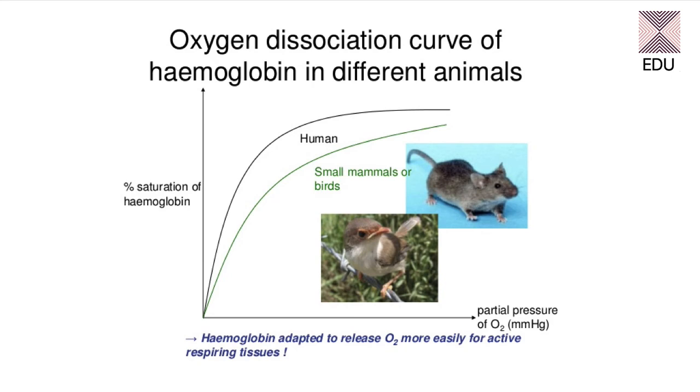So it is a representative line, compared to human. Human hemoglobin is much more efficient than the average graph line of small mammals. As the partial pressure of oxygen rises towards the right side, more of the hemoglobin is saturated for humans than the small mammals. So that clearly shows the efficiency of the human hemoglobin, which is better than the other small mammals or birds.